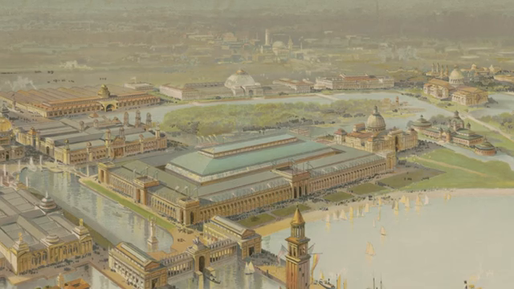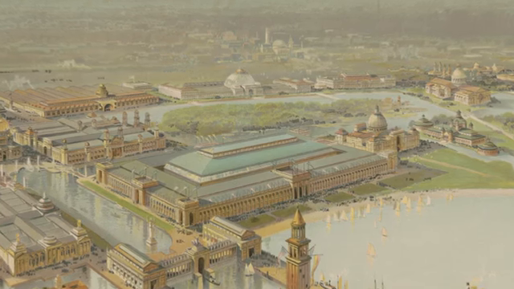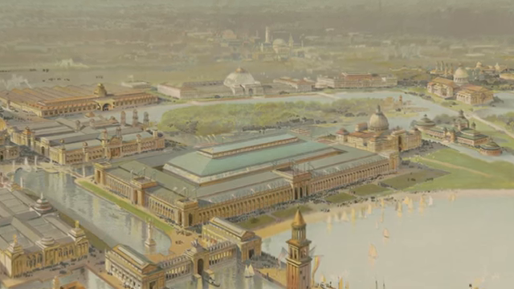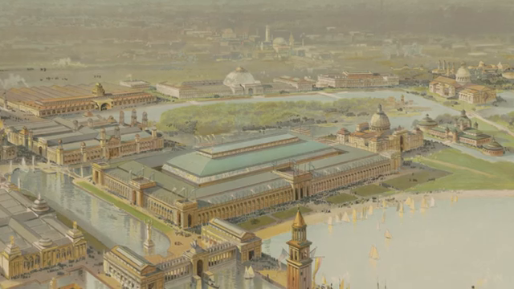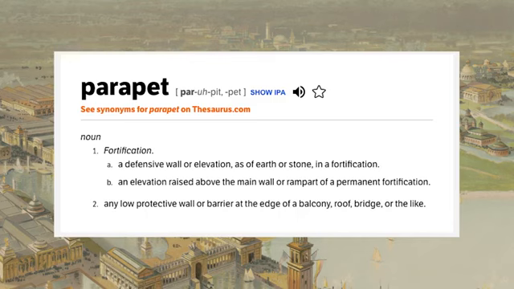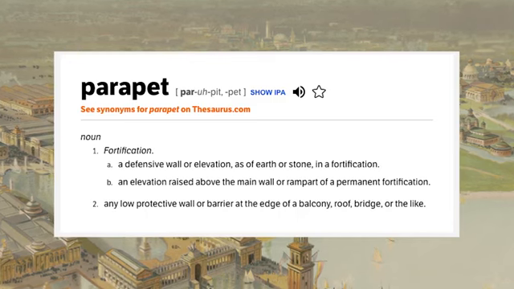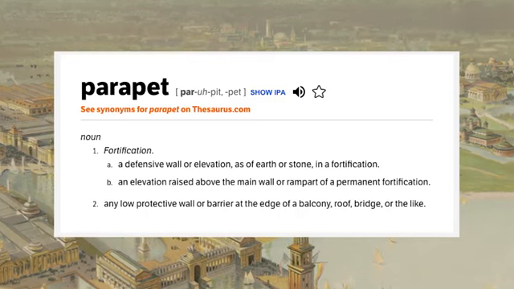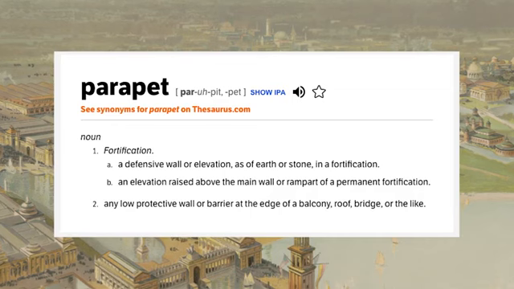Now, an important thing here, this is my own ignorance, let's say: I did not know what a parapet was. And a parapet, the definition is as follows: a defensive wall or elevation, as of earth or stone, in a fortification.